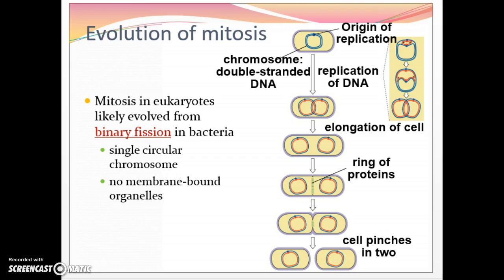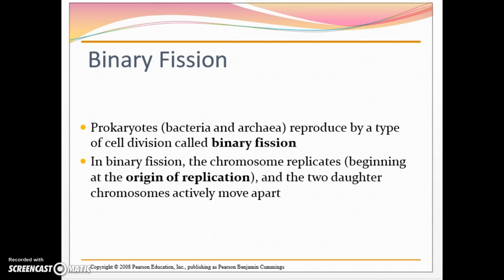There still needs to be replication of the DNA with a prokaryote. A chromosome replicates at the origin of replication on the circle of DNA, and then there's actually two circles of DNA that result, and the two daughter chromosomes move apart from each other so that they can end up in the two daughter cells.